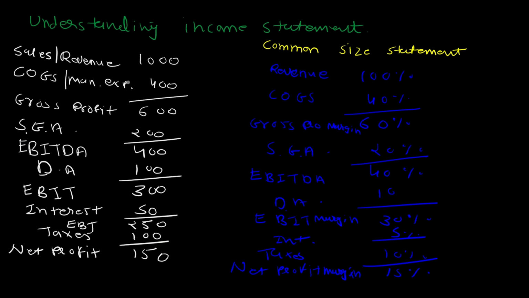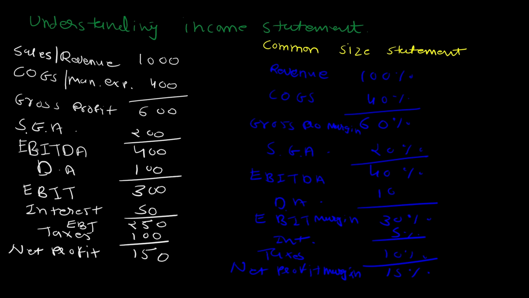This is the basic format of the income statement. It starts with the sales or revenue, also called the top line. For example, 1000 is the revenue, COGS, meaning manufacturing expense, is 400, and gross profit comes to 600. SG&A, meaning selling, general and administration expense, is 200.